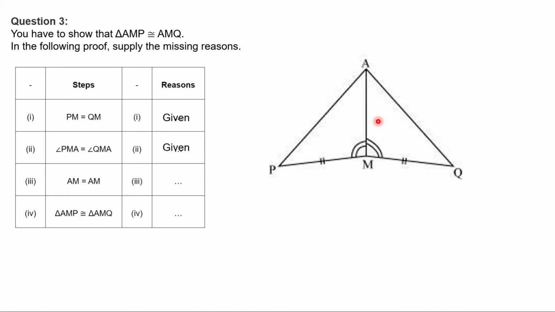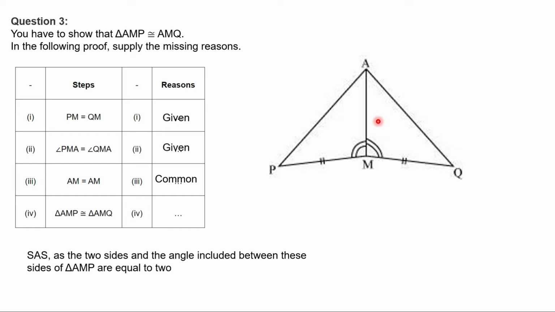Given, common, and SAS, as the two sides and the angle included between these sides of triangle AMP are equal to the two sides and the included angle of triangle AMQ. So this is the answer of the third question. Now we are going to start the next question.